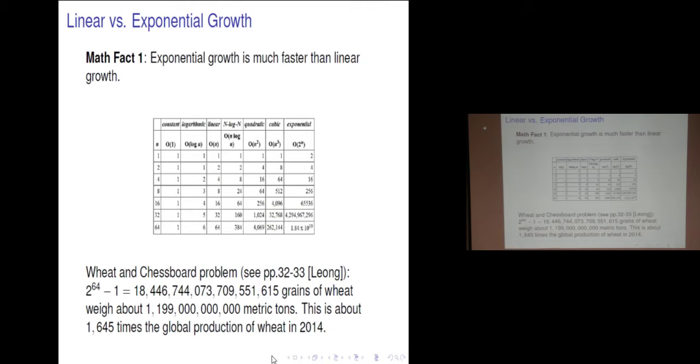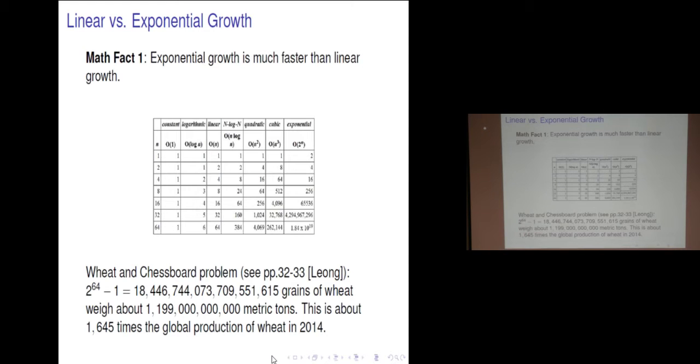So he wanted to give a reward to the inventor. The inventor says, my request is very humble. You put 1 grain of wheat or rice on the first square of the chessboard, and then on the next square you double it. So 1 grain of rice, 2 grains, 4 and 8, and so on and so forth. This is my request.